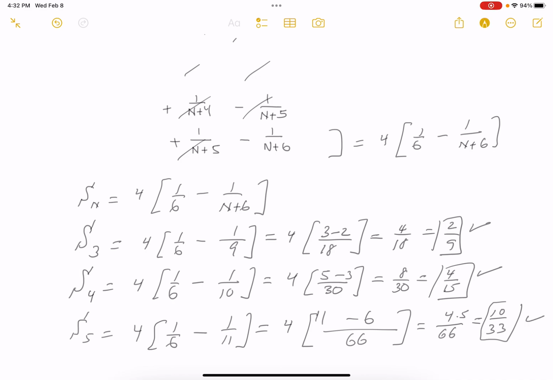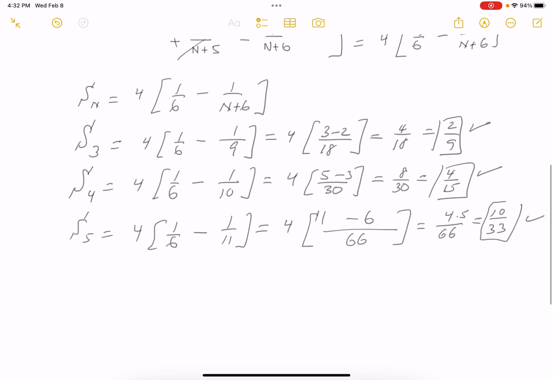The other thing they ask, again looking back over the question, says calculate S3, S4, S5, and then find the sum. The sum they want me to find is this one over here: n starts at 1, goes off to infinity, of 4 over n plus 5 minus 4 over n plus 6. Let's see if we can do that.